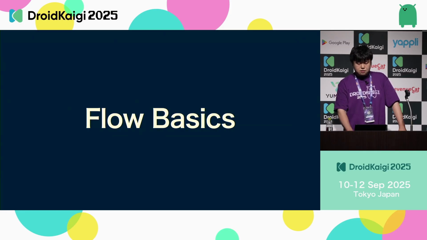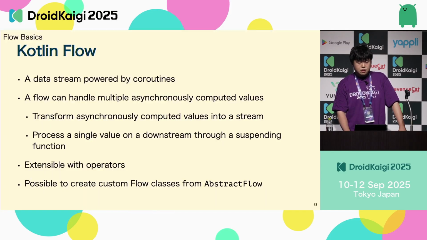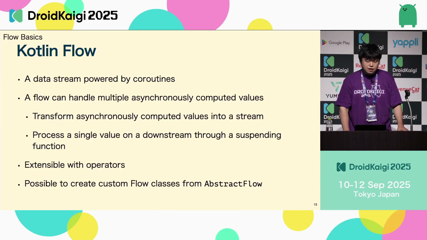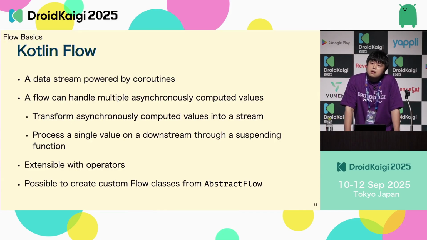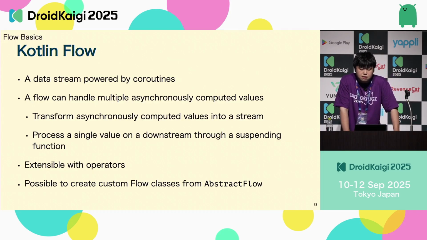Flow basics. Kotlin Flow is a data stream. Data streams allow us to process a single computed value from multiple asynchronous values. The flow is backed by coroutines, like a channel and a suspending function. Flow is based on structured concurrency.